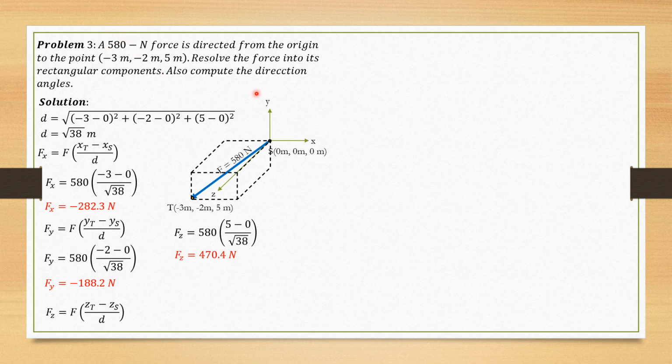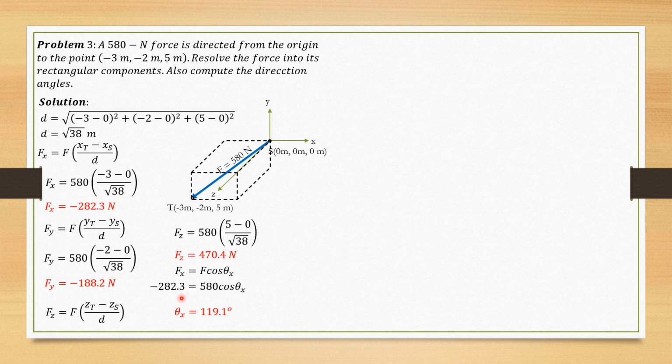For the direction angles, remember that Fx is F cosine of theta x, or magnitude of the force times cosine of the direction angle with respect to the x-axis. So -282.3 equals 580 cosine of theta x, or cosine theta x is equal to Fx over F, or theta x is inverse cosine of Fx over F. So theta x is 111.9 degrees.